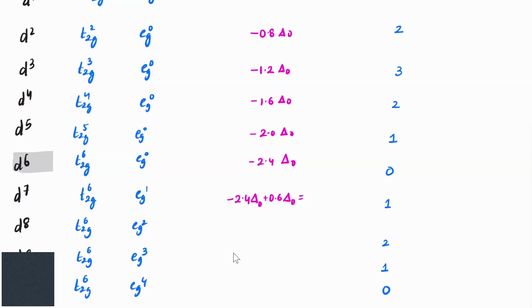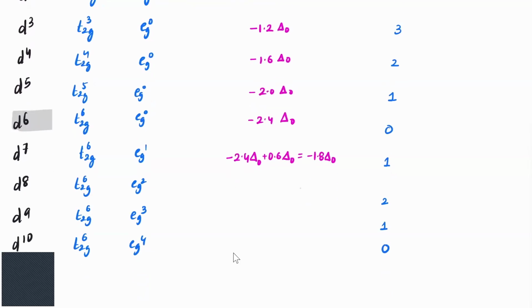So that makes it how much? Minus 1.8 delta naught. Next one will be minus 1.2 delta naught, minus 0.6 delta naught, and lastly 0.